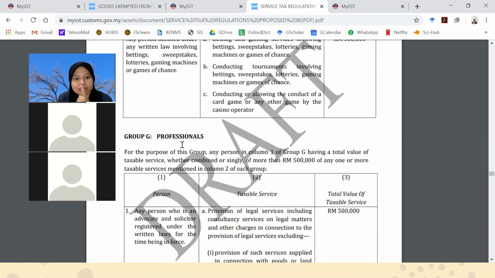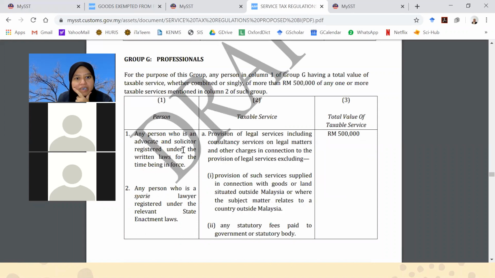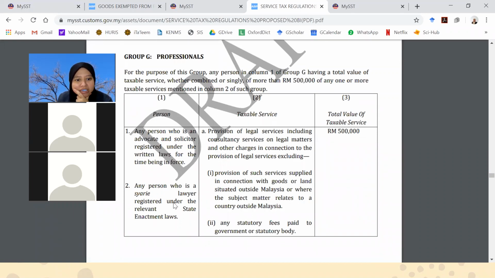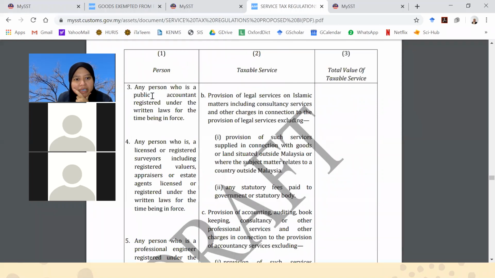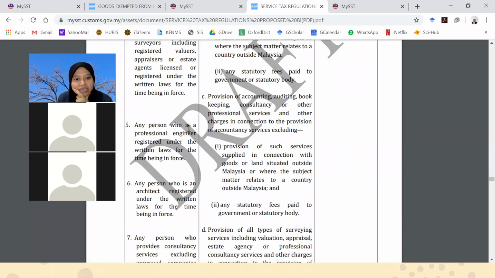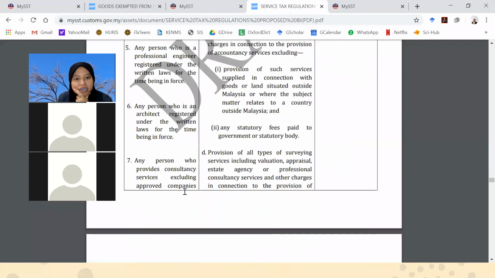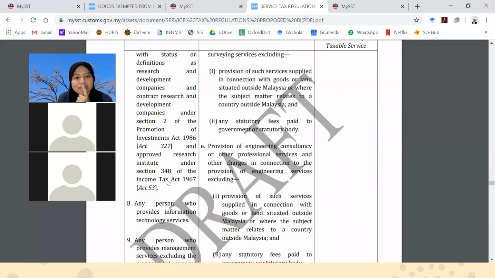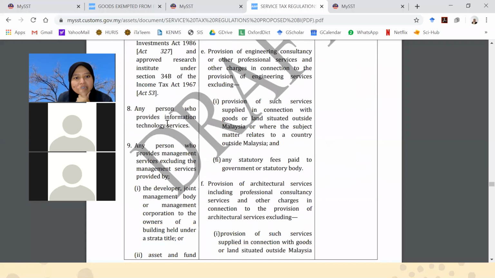Professionals. For professionals, they have advocate and solicitor, lawyer, public accountant, surveyor, professional engineer, architect, consultancy service, IT service, management service.